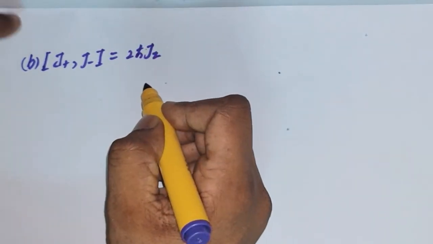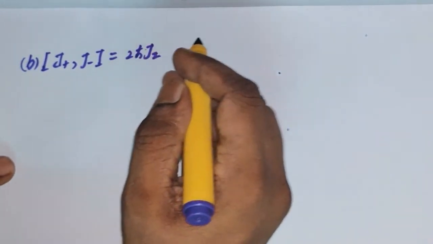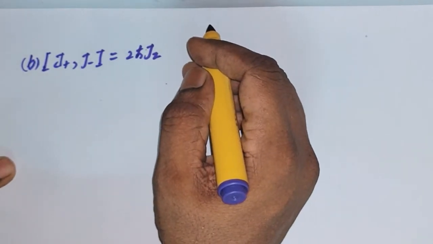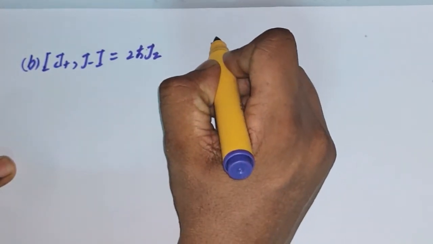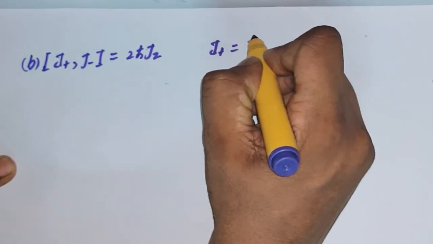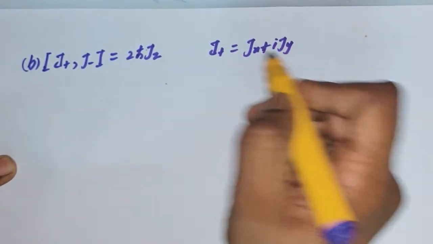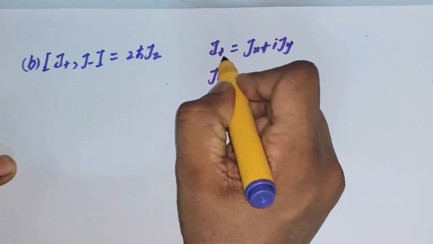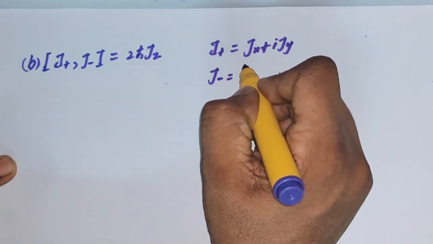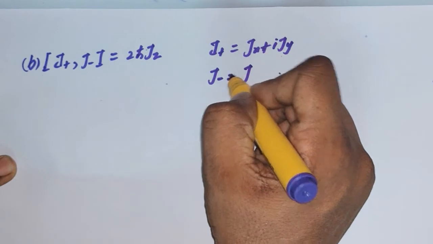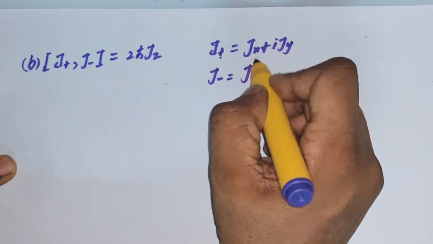For evaluating this commutation, there are two simple things we want to know first. What is j+? It is equal to jx plus i jy. This is the j+. J− is, in general, the lowering operator in angular momentum, and this plus is the raising operator.